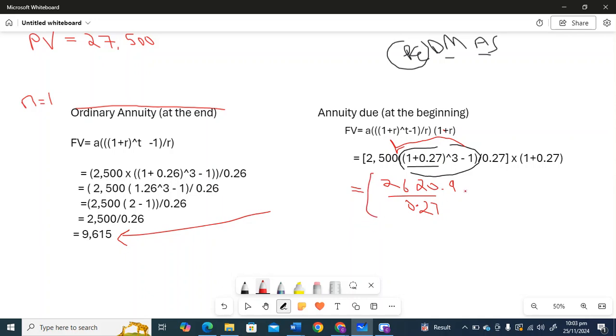Whatever value you get, you multiply it by 1.27.